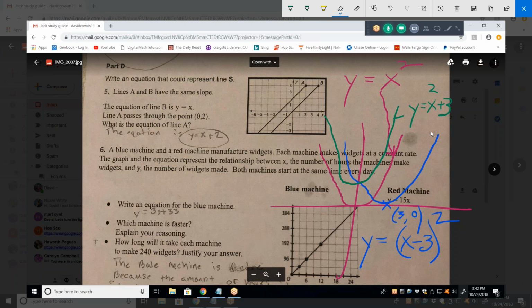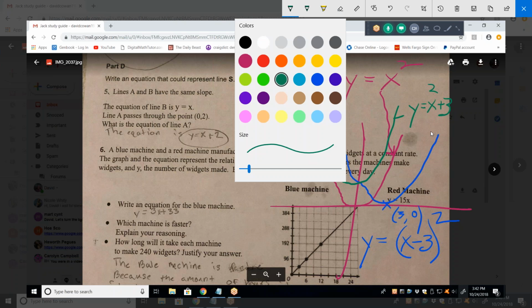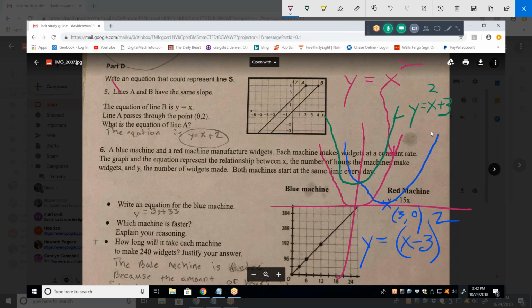So here's the deal. If I have this, that is a horizontal translation by h units. Hold on.